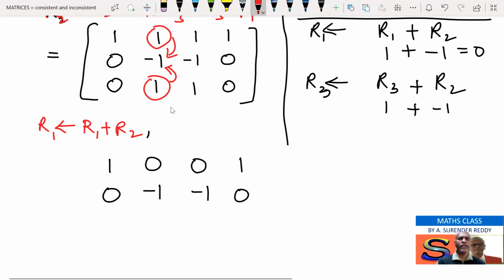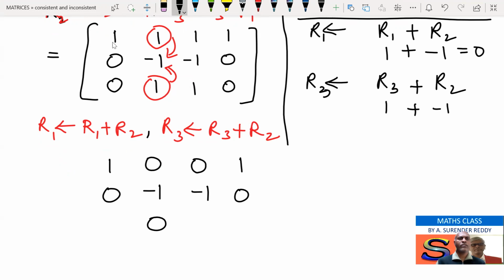The formula will be the same for R3 also: R3 plus R2. 1 minus 1, adding gives 0. So the third row is 0 0 0 0.